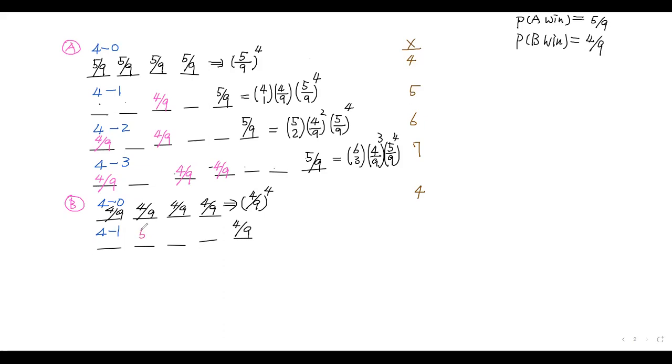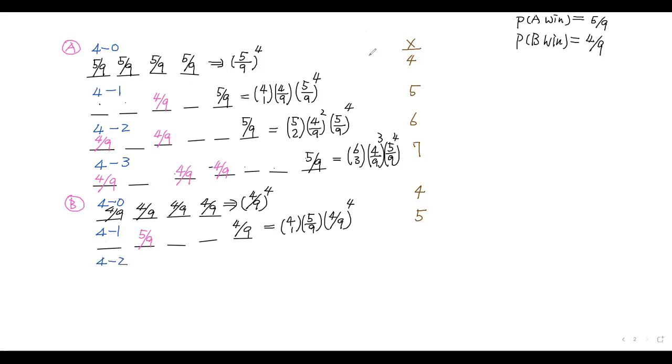So for example, this one is losing, so 5/9. All right, so what is the probability here? It's 4 choose 1. The chance of losing is 5/9. Then the chance of winning is 4/9 to how many? 4. So how many games are required? 5 games here, right?